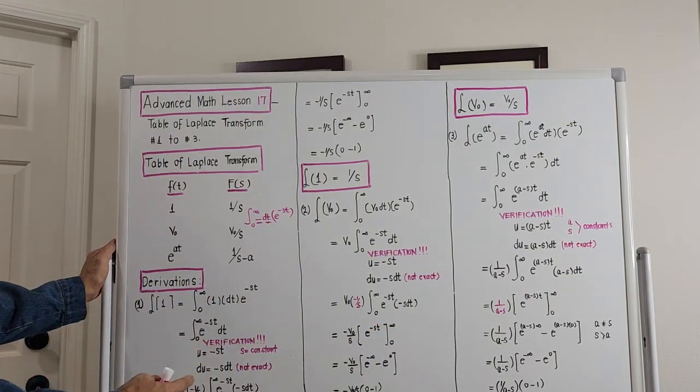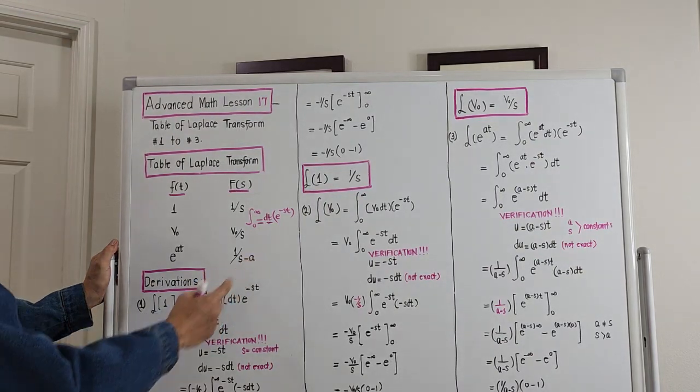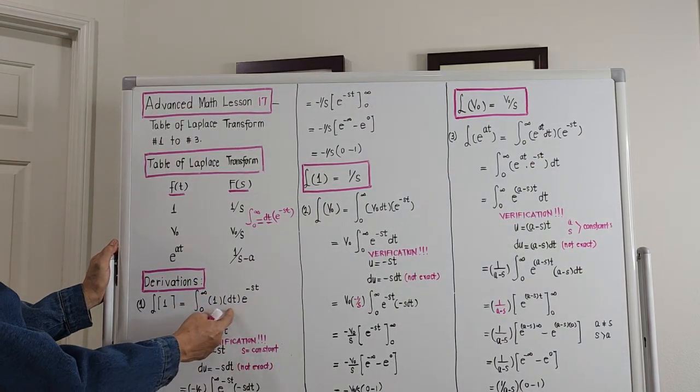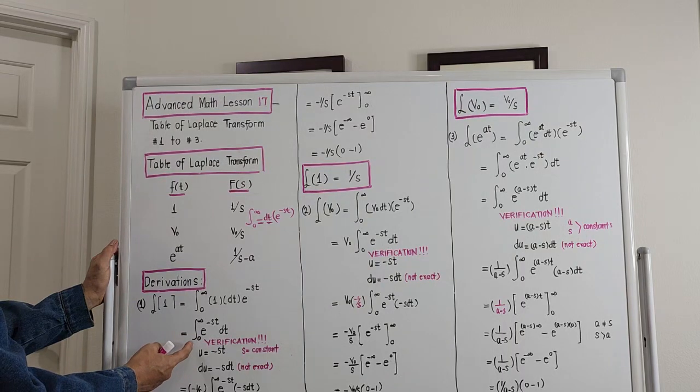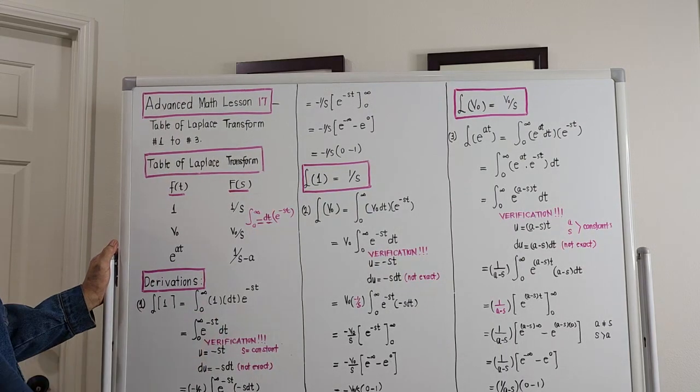So if we integrate this one, 1 times dt is just dt. If we simplify, it will simply be the integral from 0 to infinity of e raised to minus st dt.